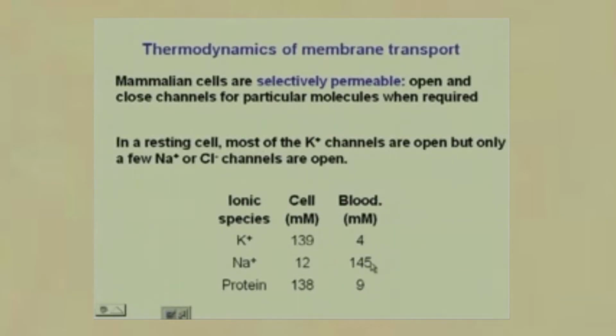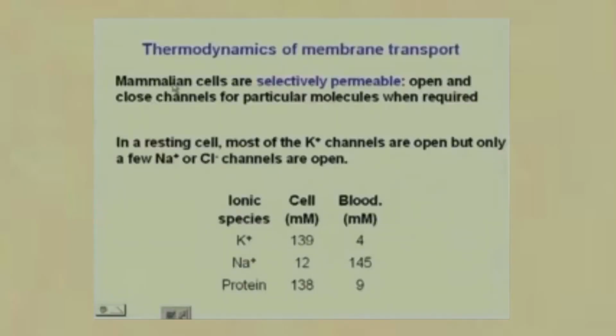It is very, very smartly designed. So, if we consider these mammalian cells, they are selectively permeable and they open and close channels for particular molecules when they are required, as I mentioned before, because you cannot have too much sodium in the cell. You cannot have too much potassium also. Too much is also bad.